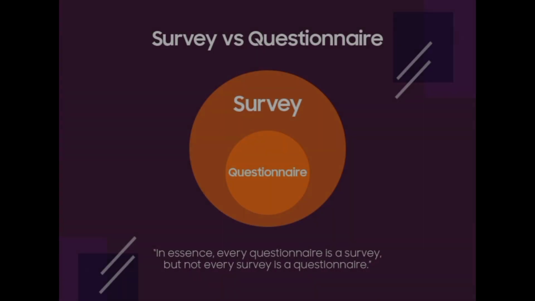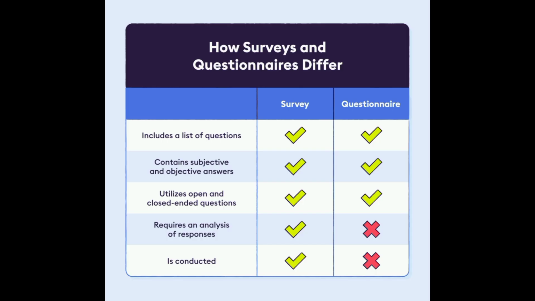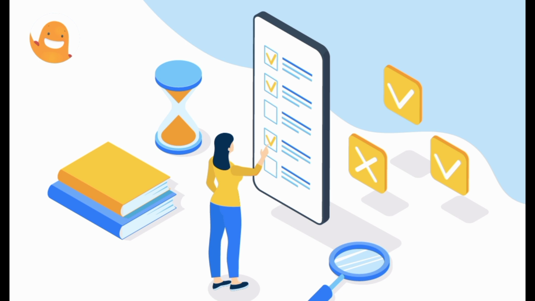Okay, so now let's see what are surveys and questionnaires. Surveys and questionnaires are ideal for collecting lots of data without investing too much time and money. Although you will need to think carefully about the questions you ask and spend a bit of time combining your findings, depending on the focus of your research, you can ask open-ended questions where the user writes their own responses, for example, how do you feel about online dating, or closed questions which require the participants to choose from a set of possible answers.